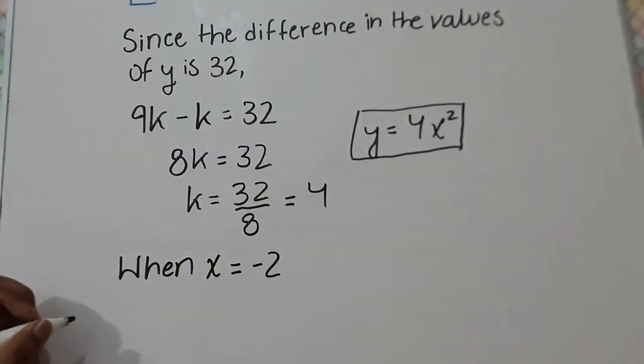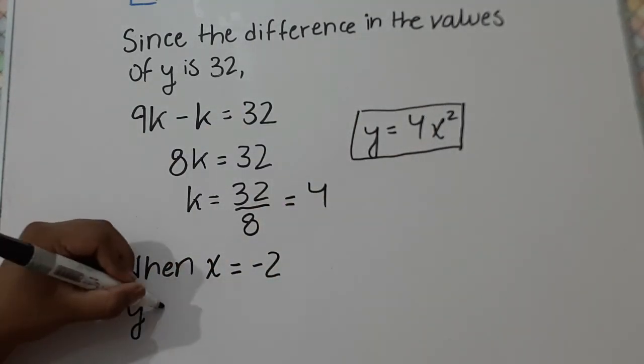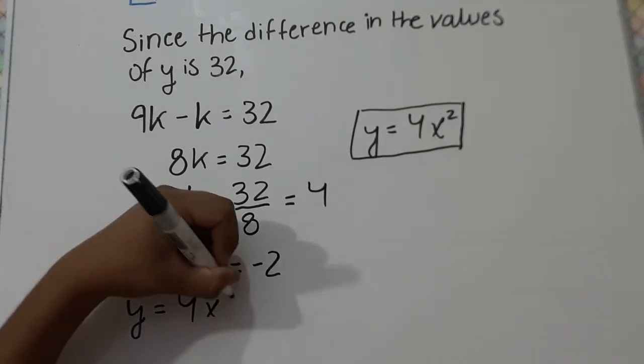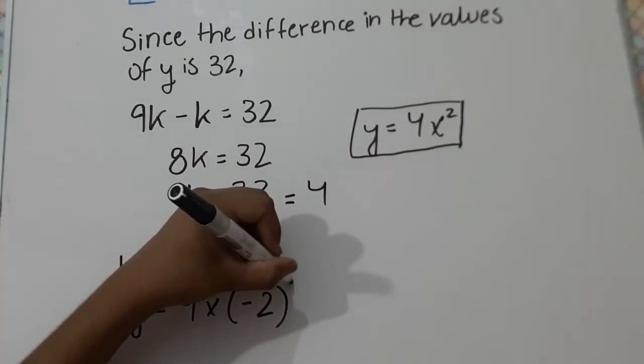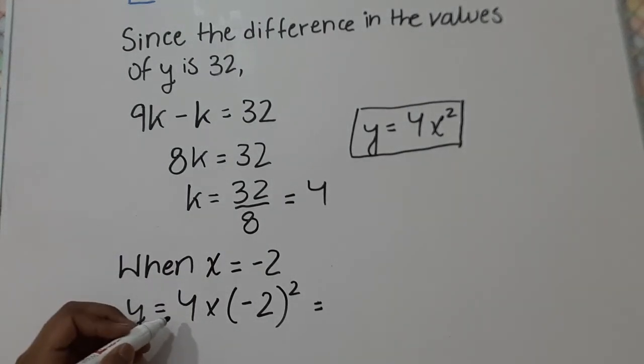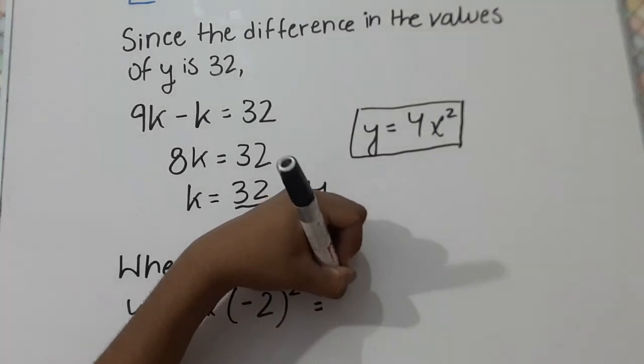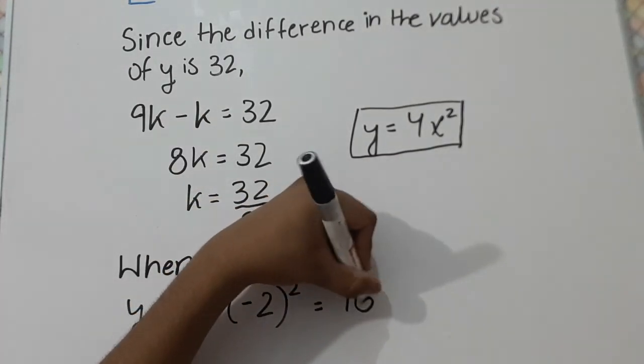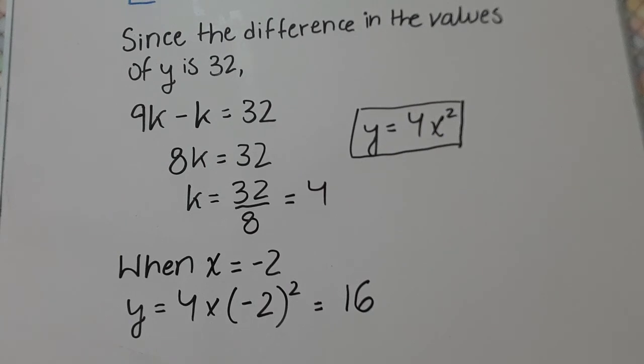So y equals 4 multiplied by minus 2 square. 2 square would be 4, and this is positive. First of all we take the square, which is 2 square, 4, and 4 multiplied by 4 is 16.